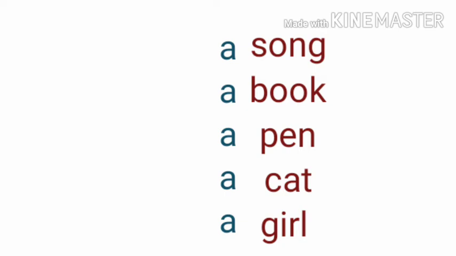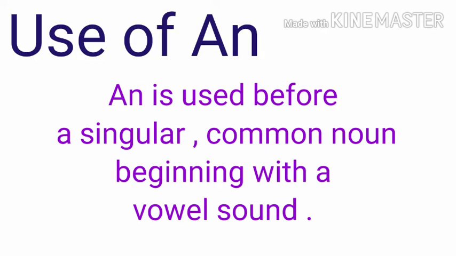Now let's see the use of an. An is used before a singular common noun beginning with a vowel sound. You all know that the letters A, E, I, O, U are the vowels. Now let's see the sounds of these 5 letters.